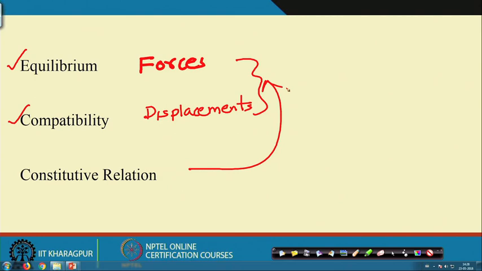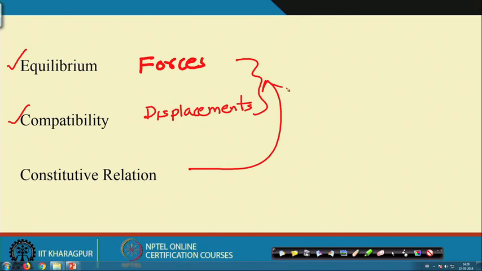Now, we will shortly see that when we say force or displacement, there are different definitions of what the forces and displacements are, and how those different forces are related to different displacements, as we move on.